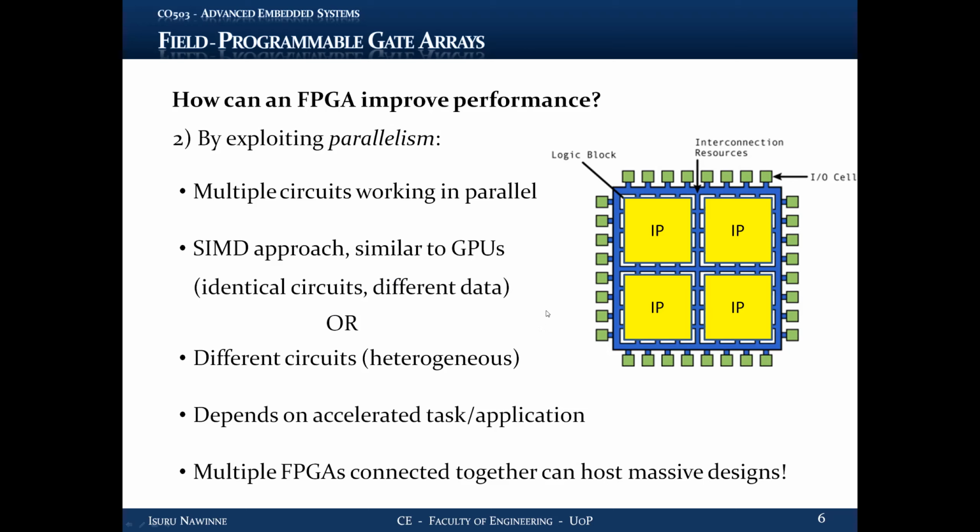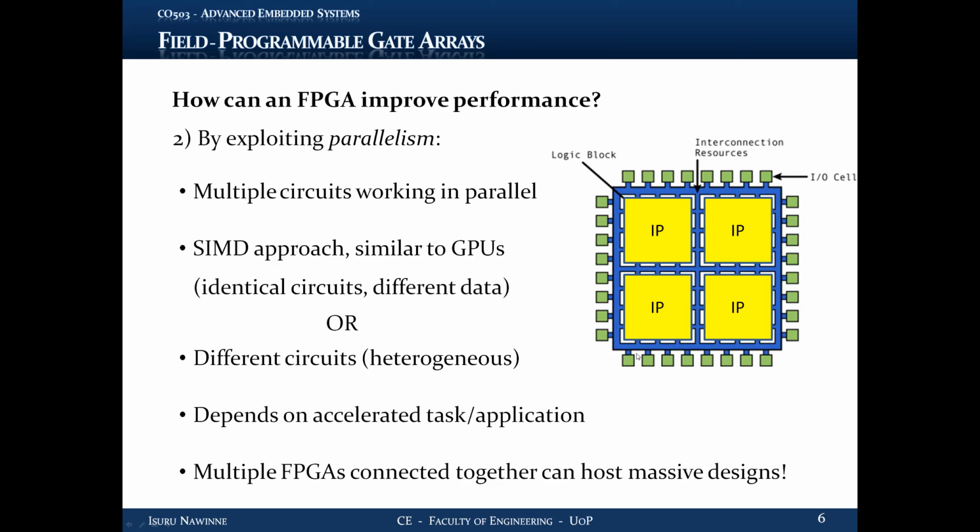So it can be multiple copies of identical circuits, or it can be different circuits as well, heterogeneous designs, where you have multiple different IP blocks on the FPGA performing different tasks in parallel. Also, you can connect multiple FPGAs together to host massive designs.